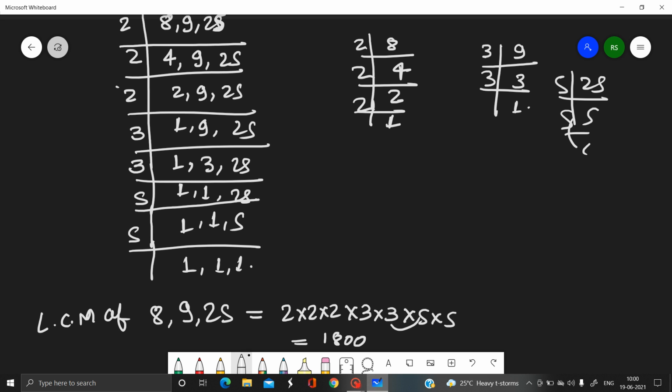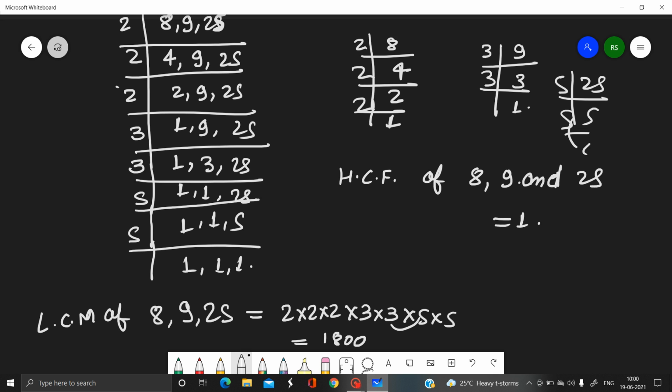In the prime factorization you can see nothing is common in the three numbers. So what do we have to do? We do the same thing we did in the previous question. One is common in these numbers because every number is divisible by 1. So the HCF of 8, 9 and 25 is equal to 1 here.